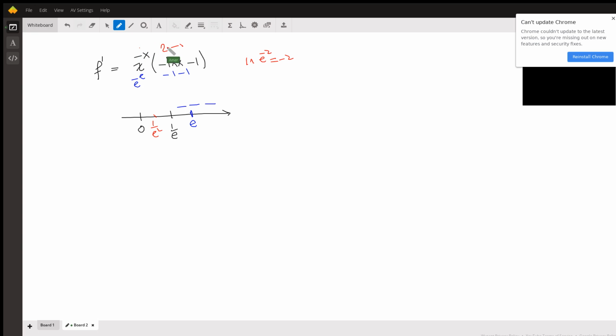And this one is positive because x to the negative x is always positive, in fact, for x bigger than 0. When x is less than 0, this one is going to be messy. It's not defined, it should have a lot of problems. So x is bigger than 0, and here this one is positive. So our function is increasing, then decreasing, and surely 1 over e is a local maximum.